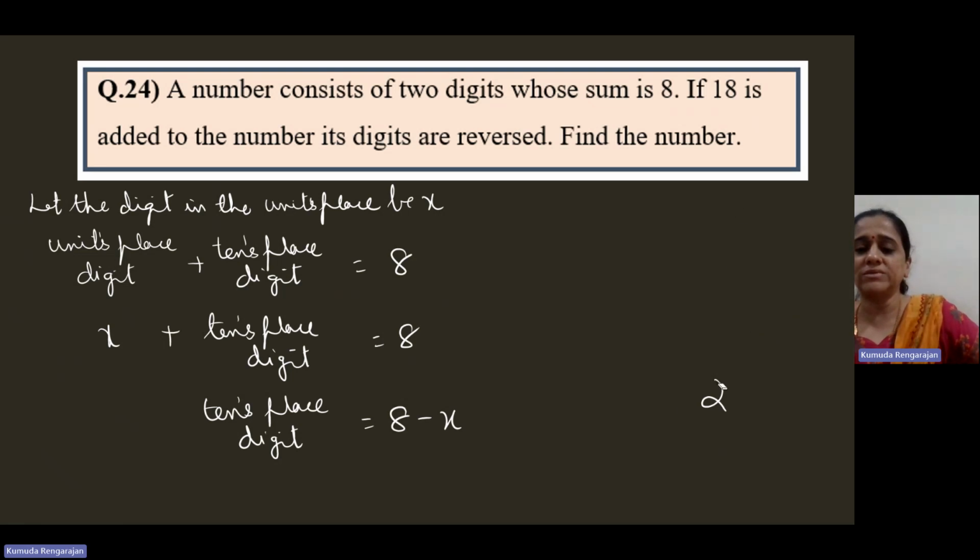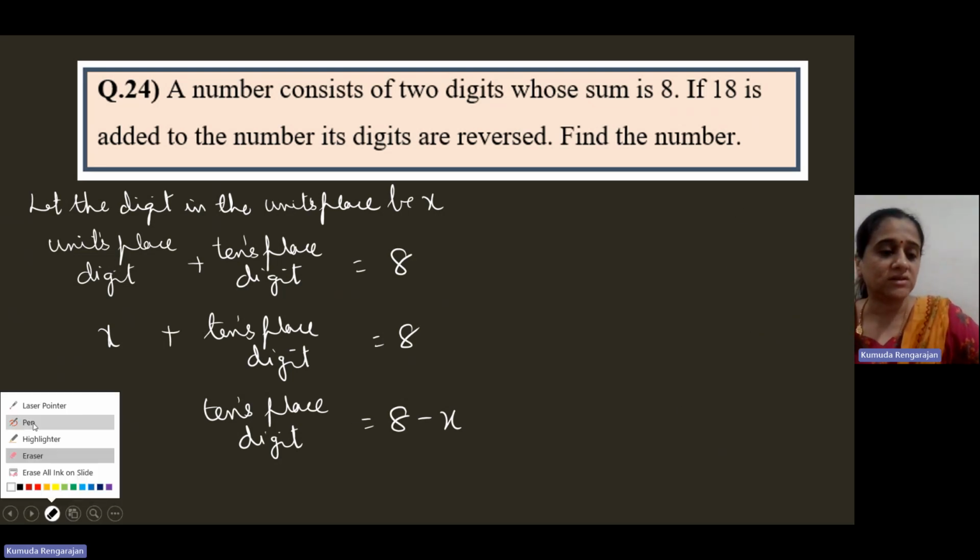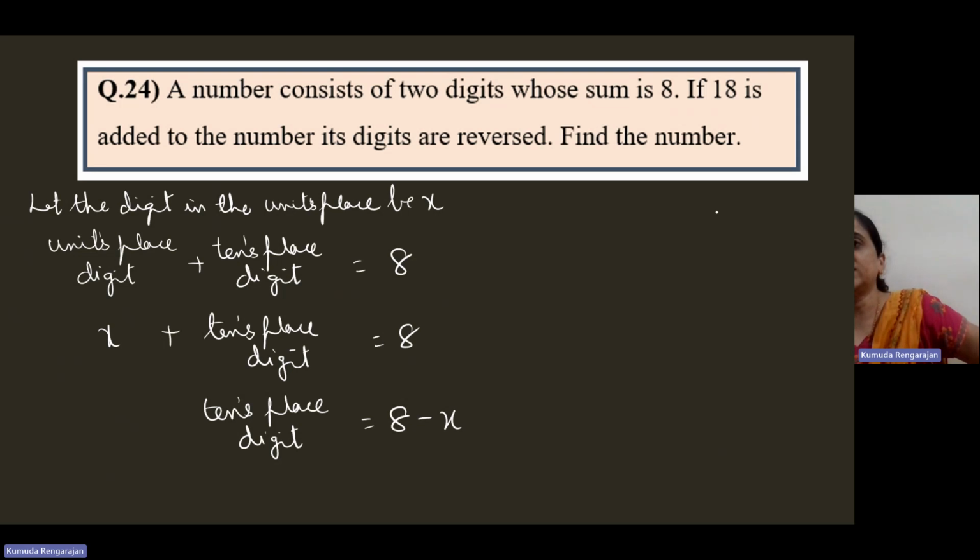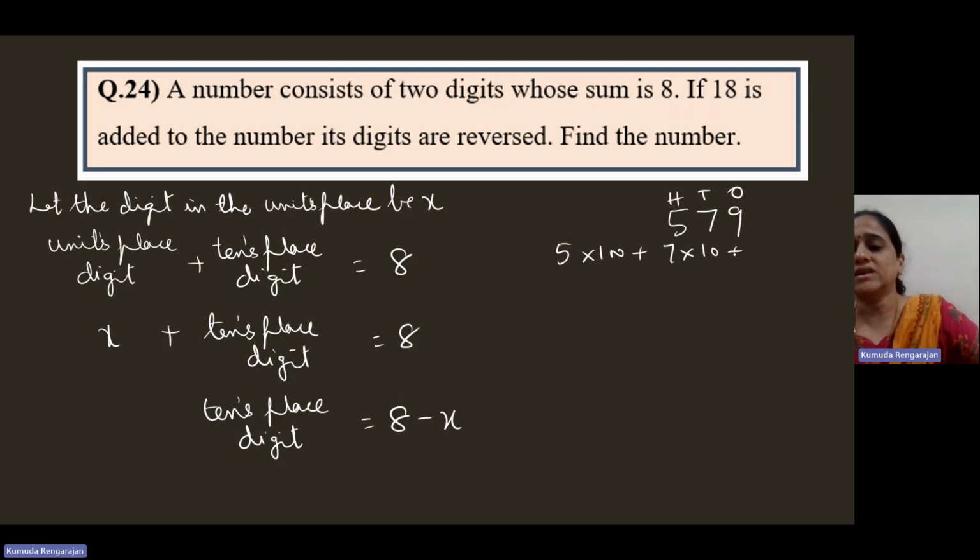How do we frame the expression for the number? Go down to your third or fourth standard, where we write a number in the expanded form. Suppose you had the number 579. How do you write it in expanded form? Hundreds, tens, ones: 5 into 100 plus 7 into 10 plus 9 into 1.